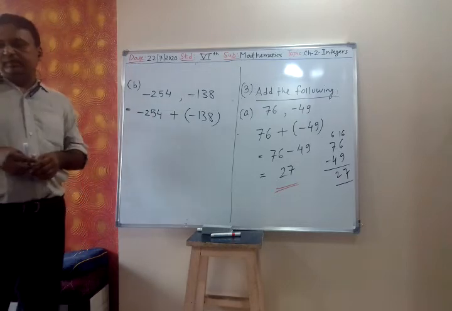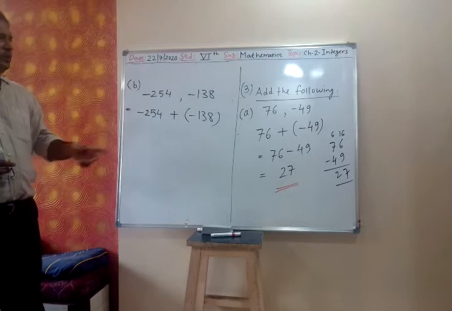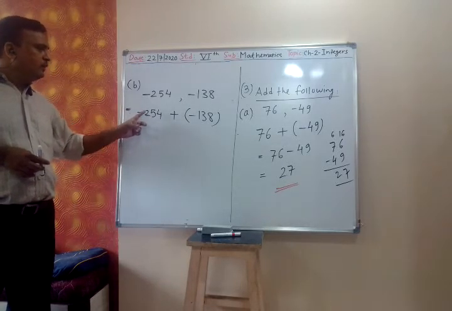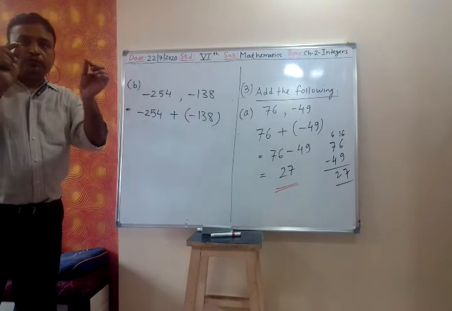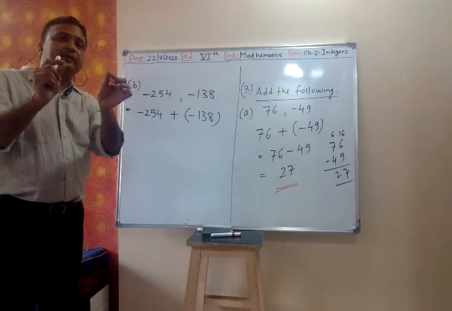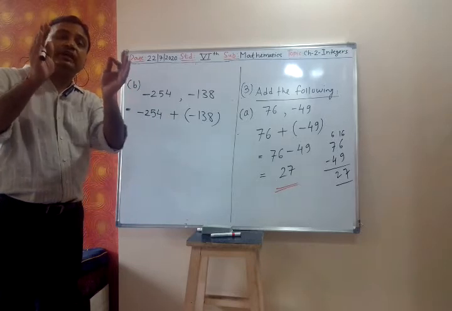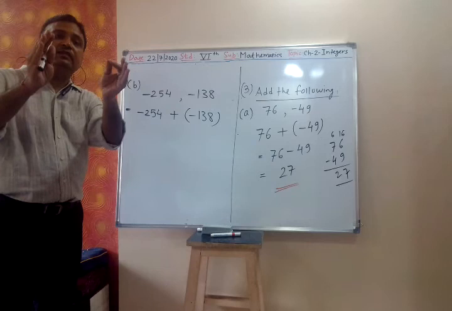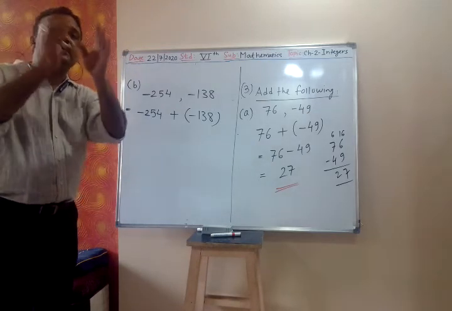Now, what is sign of 254? Minus. What is sign of 138? Minus. So both have minus sign. Minus minus means same sign. Whenever they have same sign, you have to add the number and take the common sign.